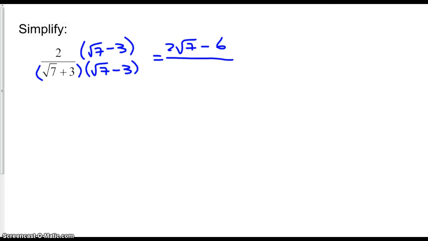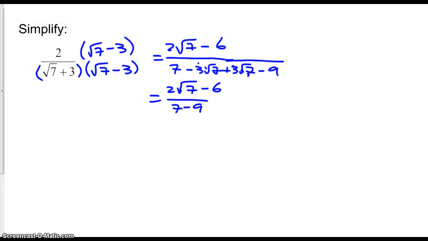And then on the bottom, you're going to get square root of 7 times square root of 7, which is 7, right? And then you're going to get negative 3 square root of 7, positive 3 square root of 7, and then a negative 9 on the bottom. These will cancel because you used a conjugate. You'll have 2 square root of 7 minus 6 over 7 minus 9, which is 2 square root of 7 minus 6 over negative 2.